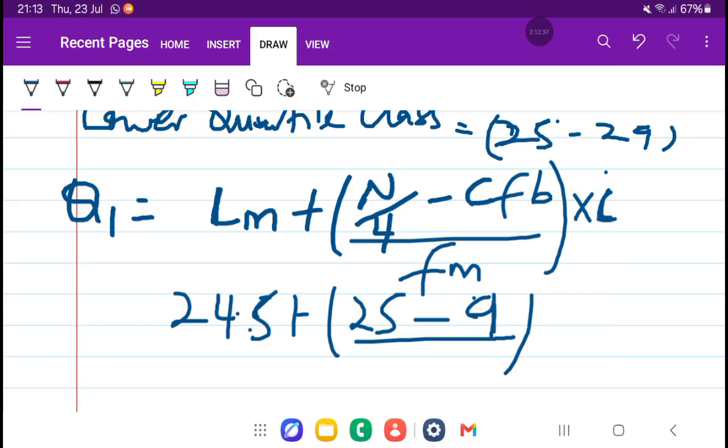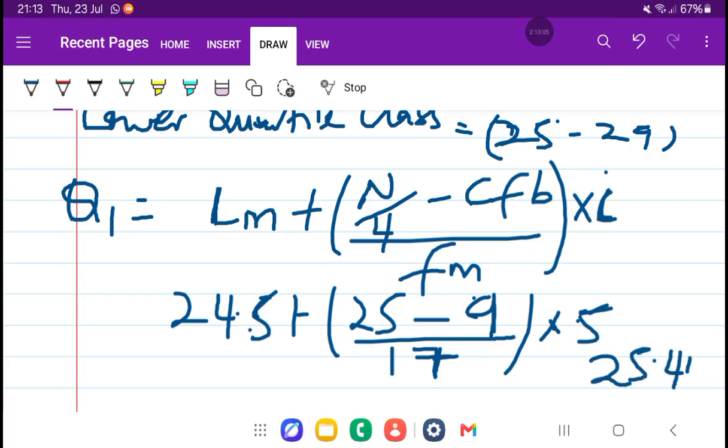Is 17. Then times 5, because we identify that class interval is 5. Then when you do all your computations, you'll find that the Q1 is actually 25.44.